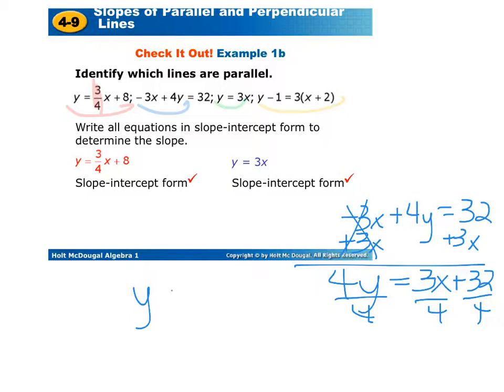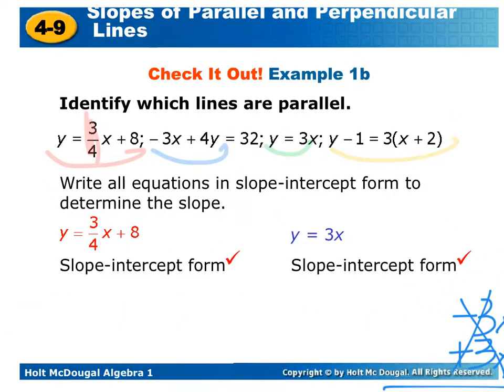So my slope-intercept for this is y equals 3 over 4x plus 32 over 4. Will 4 go into 32 evenly? How many times? 8. Okay, so now my corrected slope-intercept form is y equals 3 over 4x plus 8.